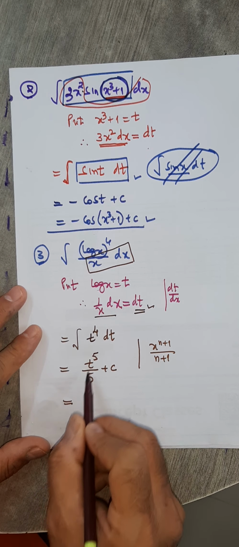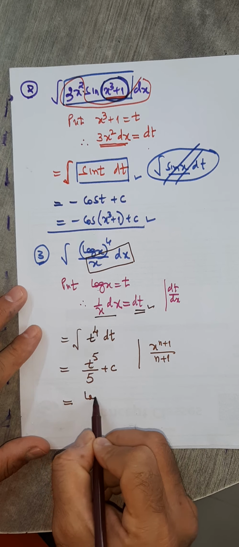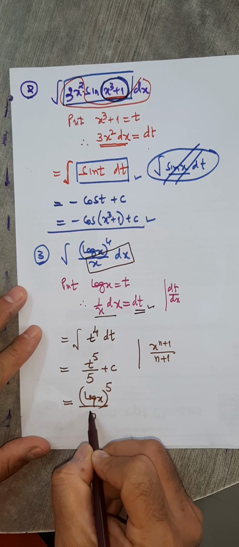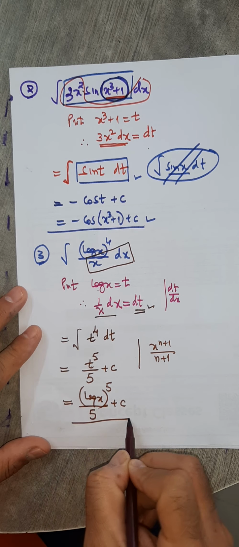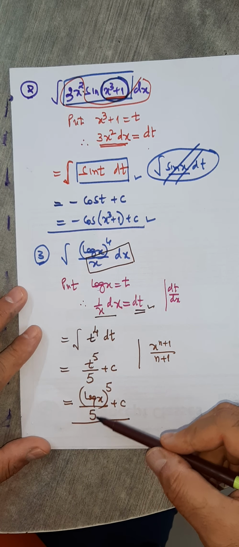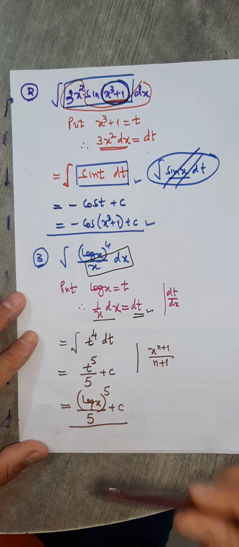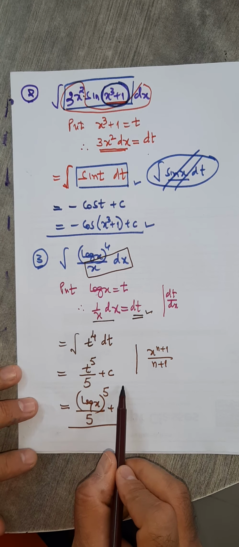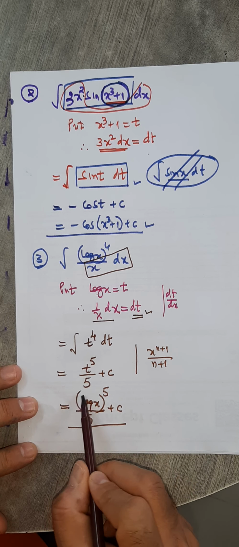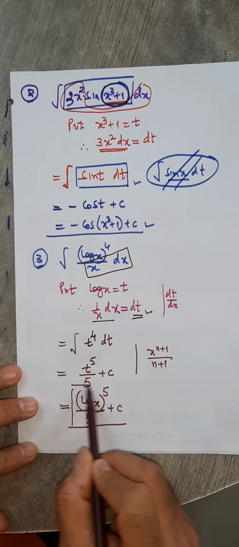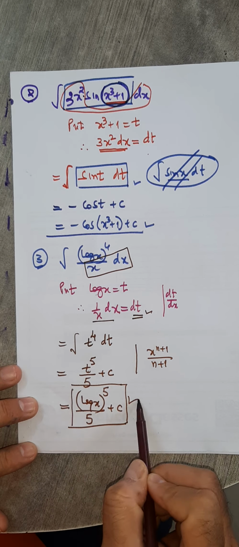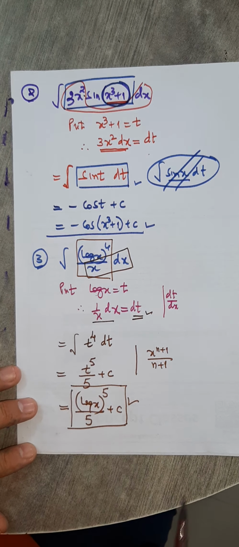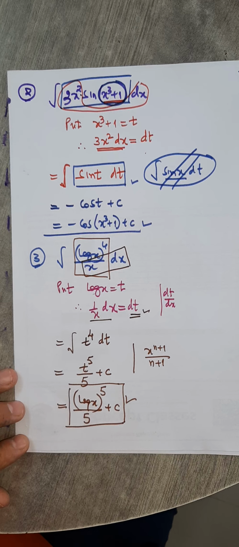And what is t finally? That is nothing but log x the whole raised to 5 upon 5 plus c. So this is your final integral. The integral of this is this. You see the way of writing properly. You must write. You can verify, I'm just reminding you, no need to do this every time. If you differentiate this function correctly, you'll get exactly the given function, that is this much, remember.